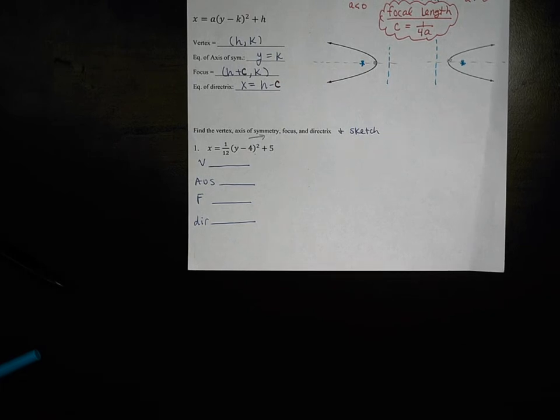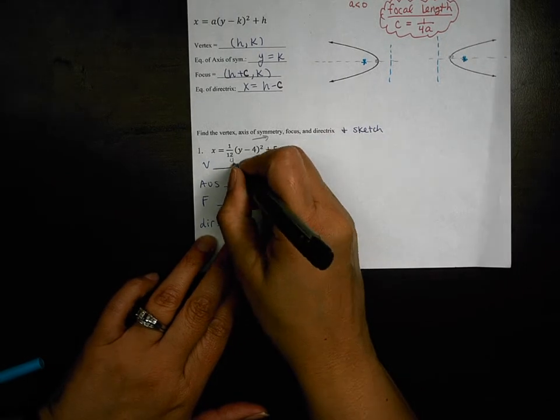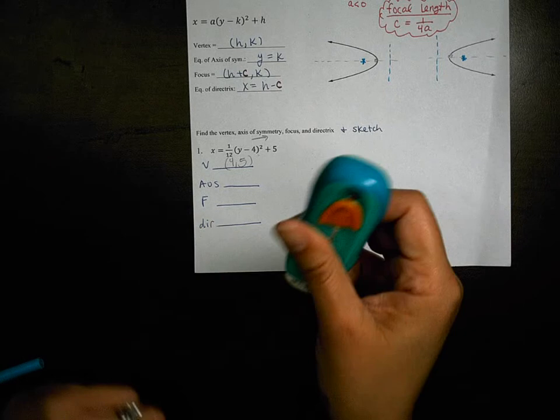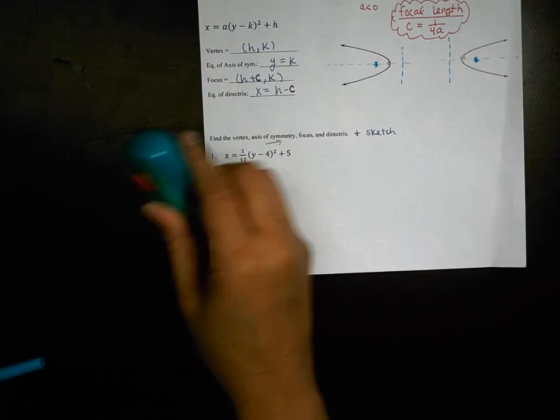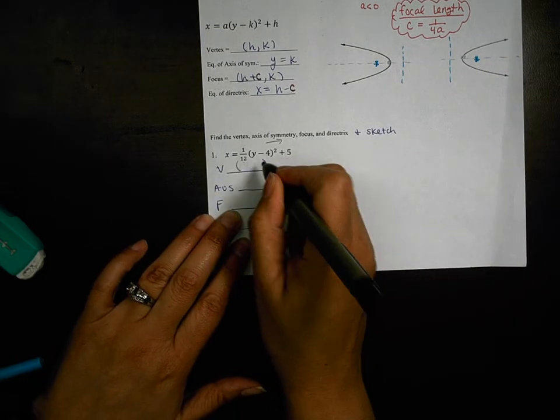Now, here is what I'm saying where kids mess up. They do this, 4, 5, and that is wrong. They do that out of habit because they've done that for so long with the traditional parabolas, but because this is sideways, it's flipped around.